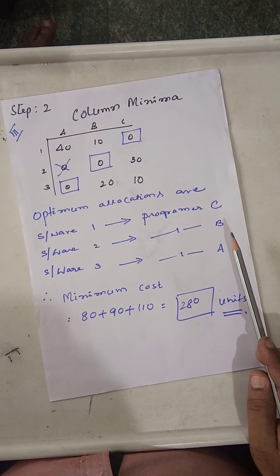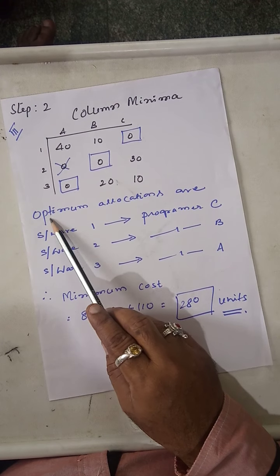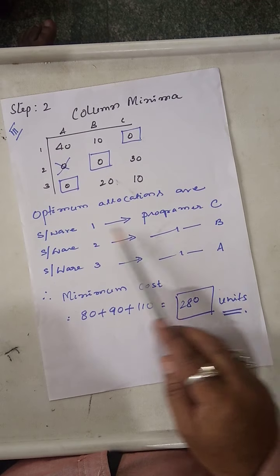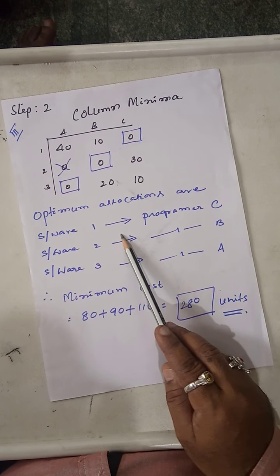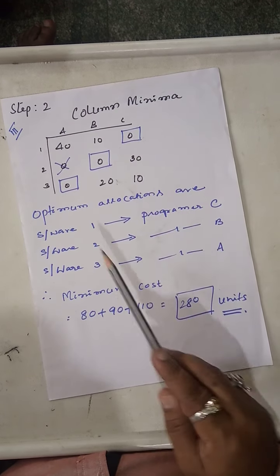The optimization is reached. It says that the optimum allocation of the schedule is software 1 is allocated to programmer C, it is here.